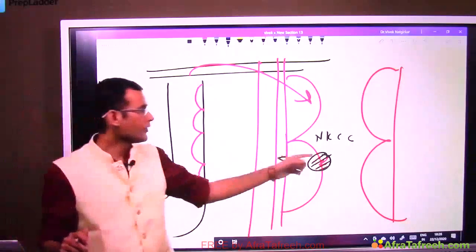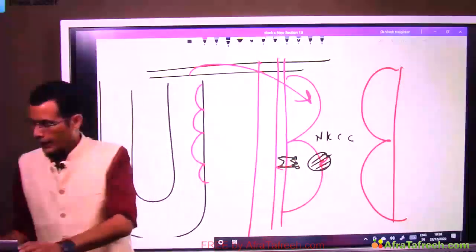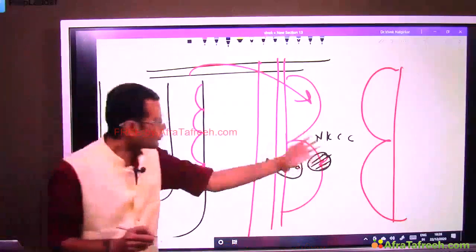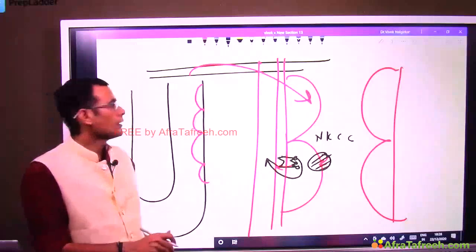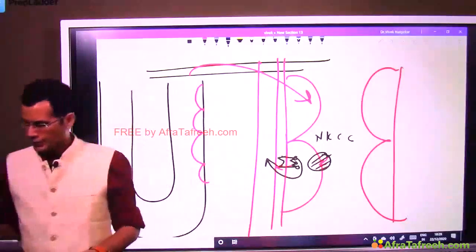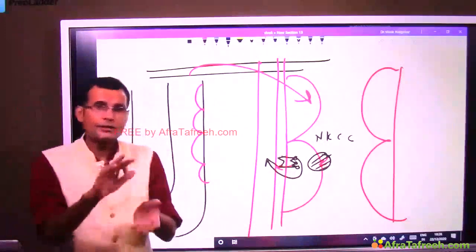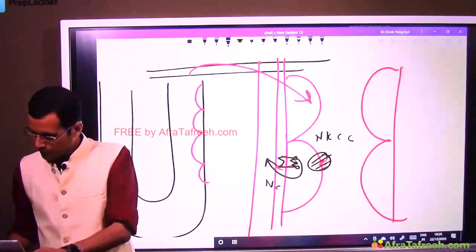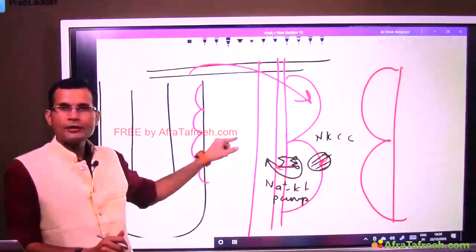So by secondary active transport, co-transport, the sodium will come in, and then the sodium potassium pump will drive the sodium out of the cell into the blood. This is a simplistic model, just to understand it easily. Actually, it's the other way around, meaning that first the sodium potassium pump at the basolateral membrane will take the sodium out of the cell.